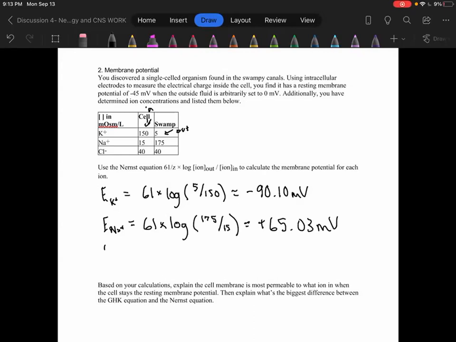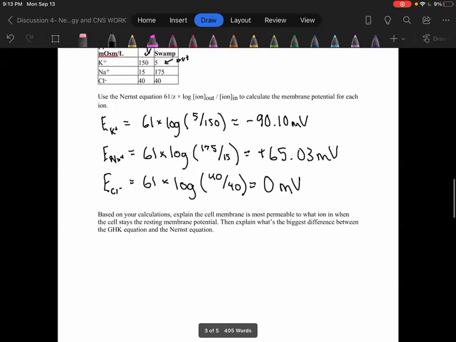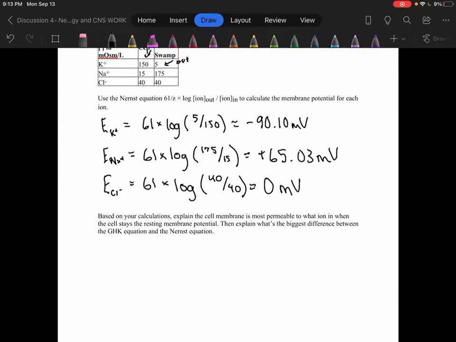And then lastly, looking at chloride, we take that equation, 61 times log of ions coming out over ions coming in, and this will give us 0 millivolts.